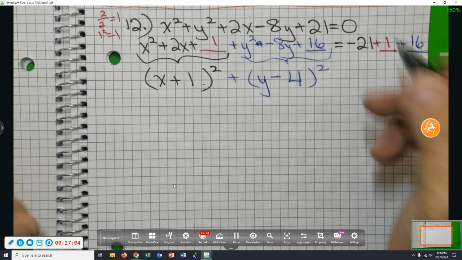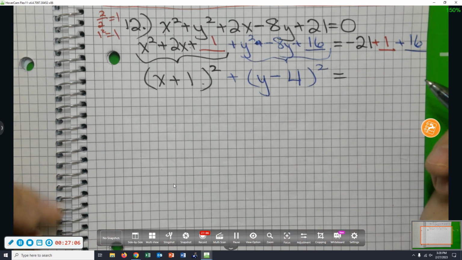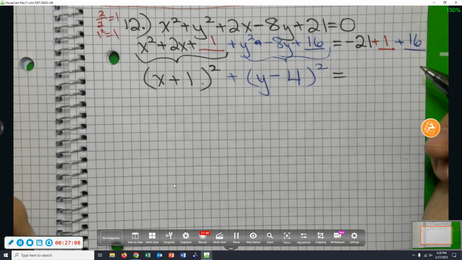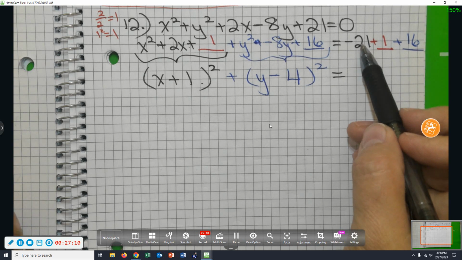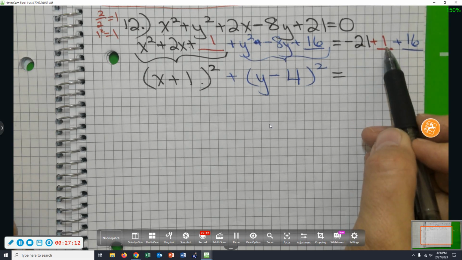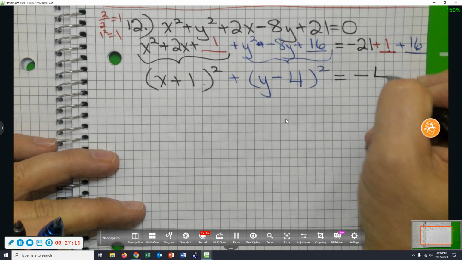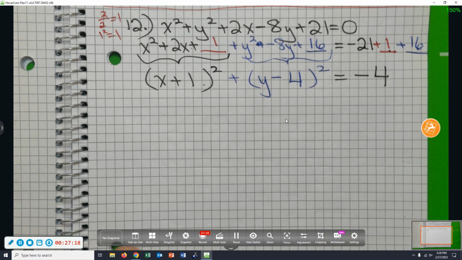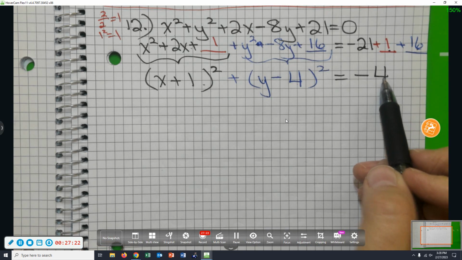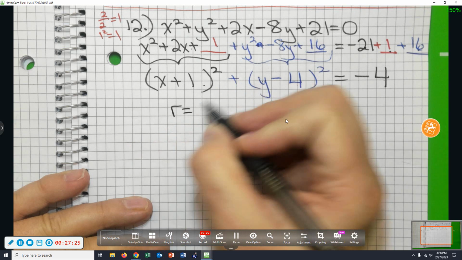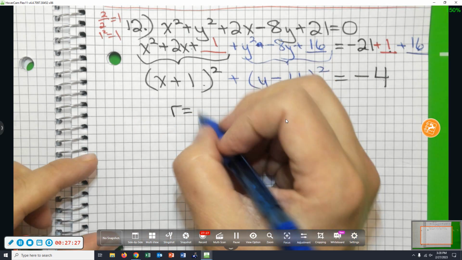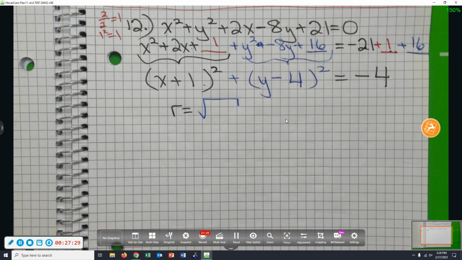What are we going to have on the right-hand side? I couldn't hear you. Negative 4. Negative 21 plus 1 is negative 20 plus 16. We have negative 4. So, if we try to find the radius, the square root of negative 4, what sort of number are we about to get?